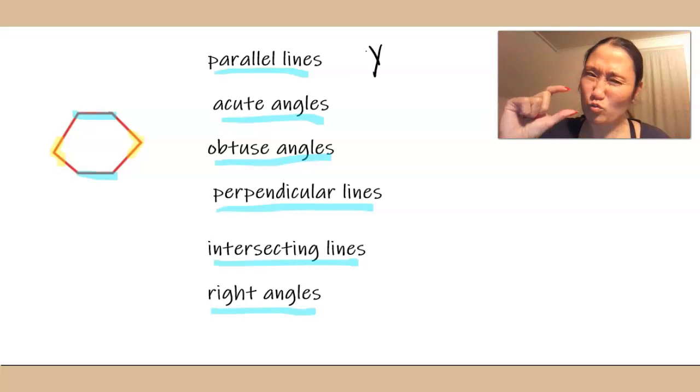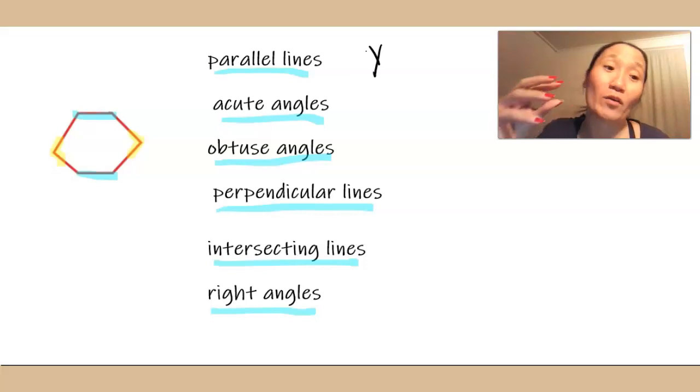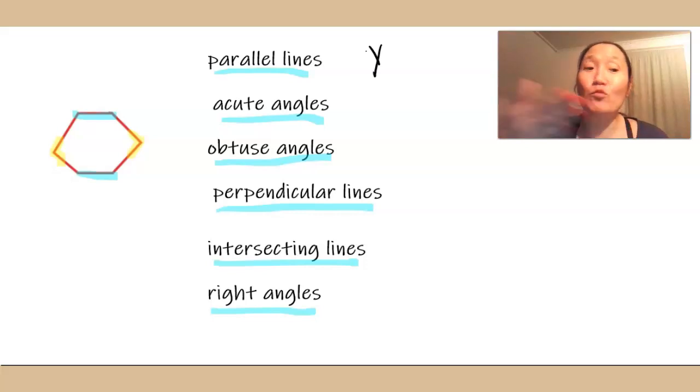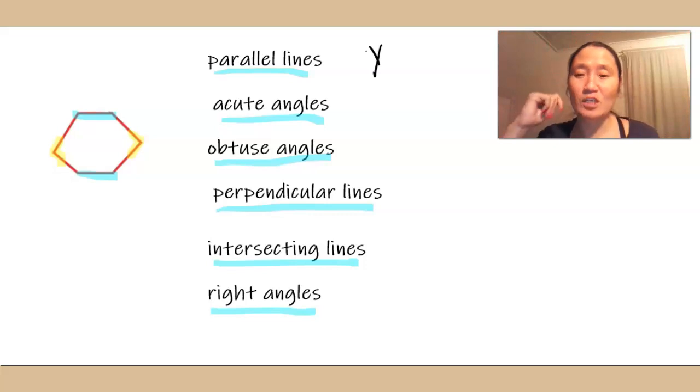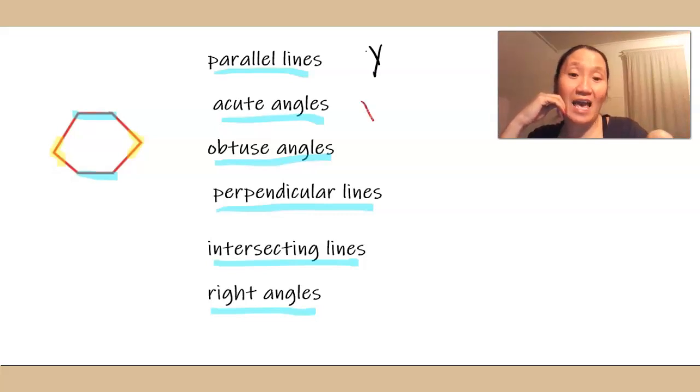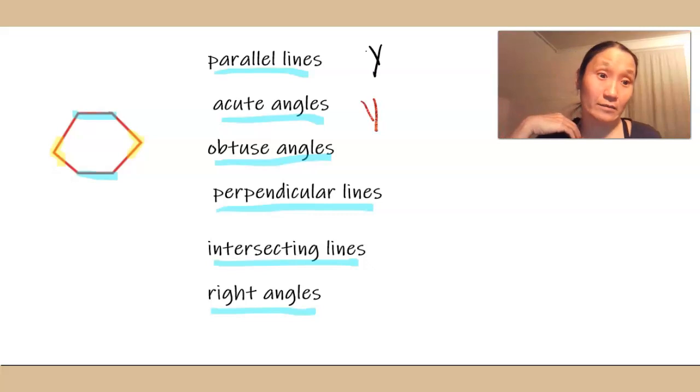One of them looks really close to 90, but without a protractor, I wouldn't be able to tell how close. But I can see they look tight, sharp. In fact, those corners are really sharp. So I am going to say here, yes, this has acute angles.